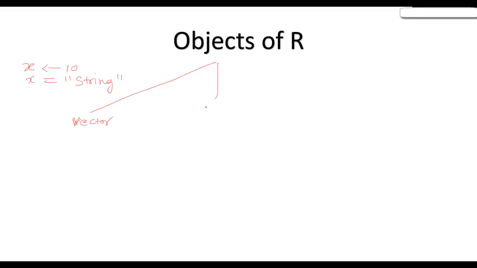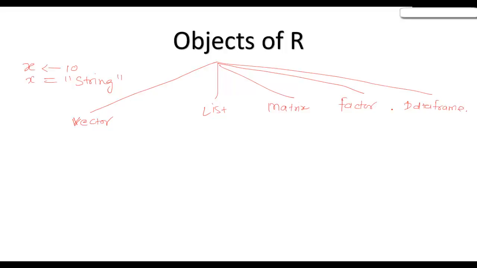There is another, list, matrix, factor, and the holy grail of objects, which is data frame. This object is going to be the most useful object in R, and you will see why and how. So okay, let's talk about vector.